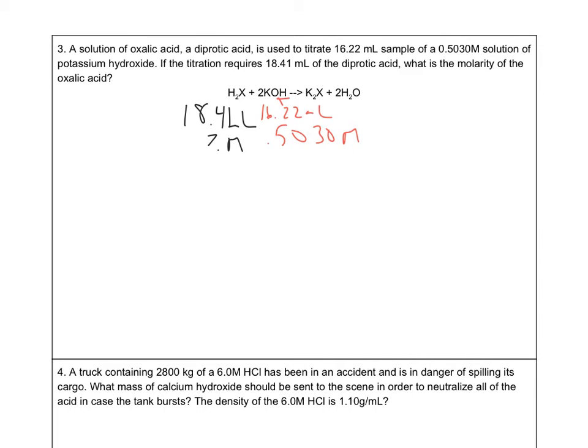So in terms of the acid, we really just want to know for every blank moles of H2X, there is 1 liter of H2X. Okay, and we know already the liters, so we're halfway there.